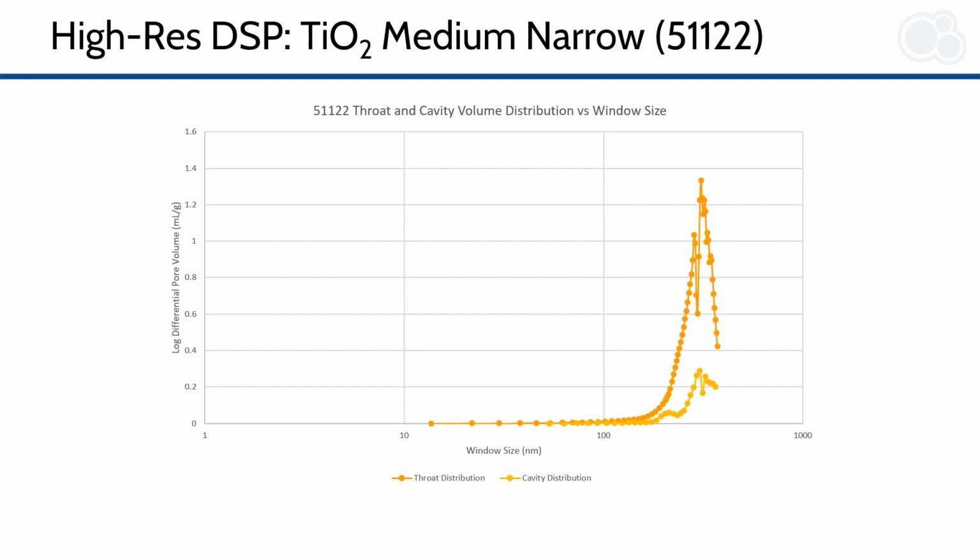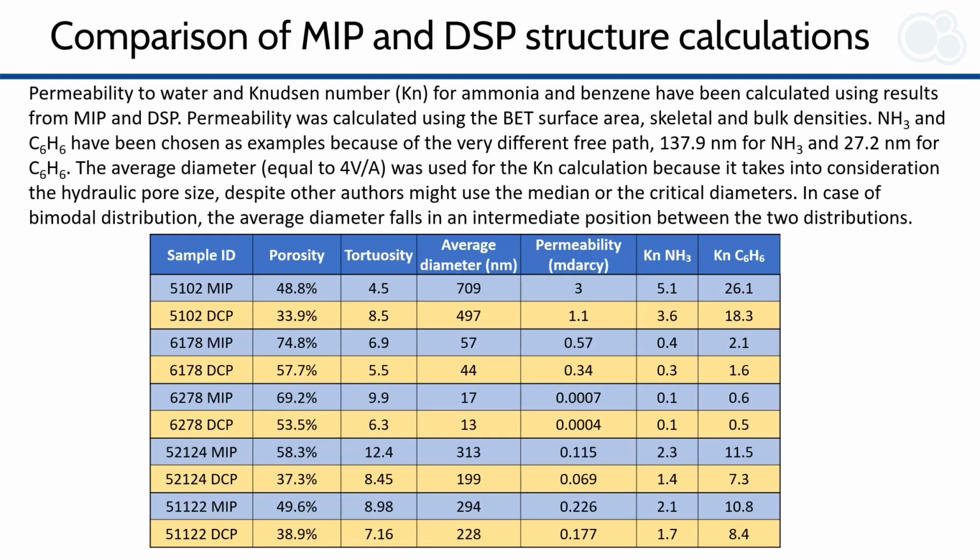The table shown includes values for tortuosity, water permeability, and ammonia and benzene diffusion for these 5 materials based upon classical MIP and high-resolution DSP analyses.